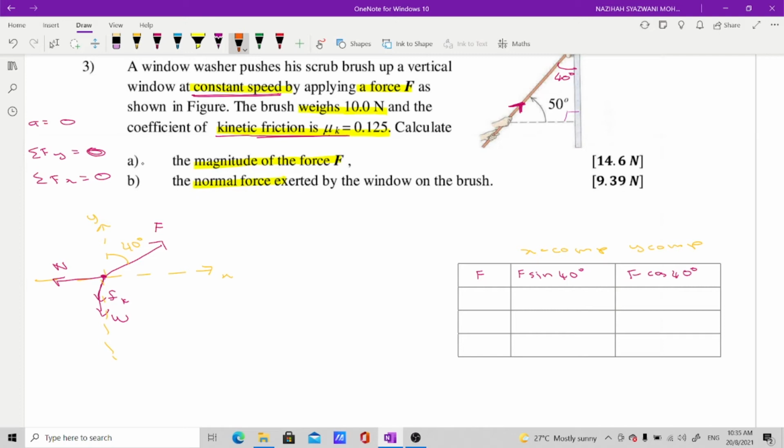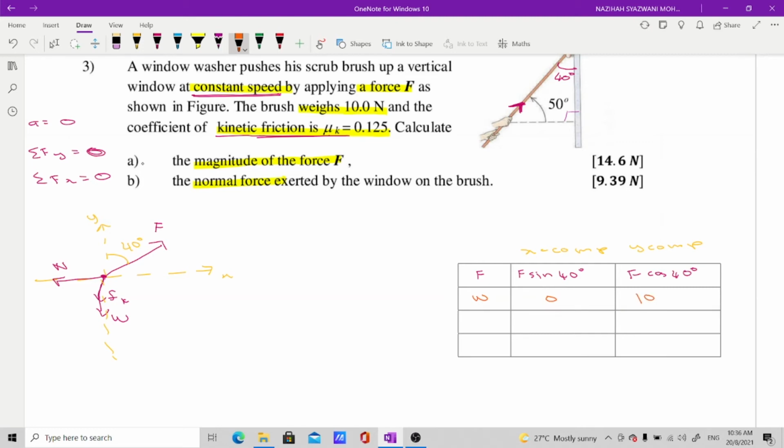So make sure you have a strong basic about resolving vector. Next, let's look at weight. For the x component, the weight is acting on the y component. So therefore, Wx is 0 and Wy, we have given it here, which is 10.